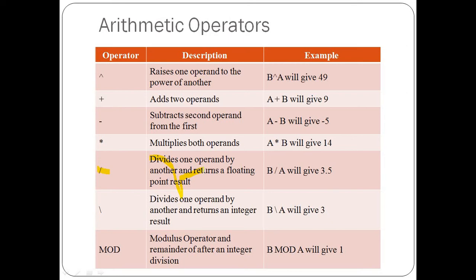A floating point result is the result which contains a decimal point and decimal digits. The next one we have is the backward slash, which again is used for displaying the quotient as your answer, but it displays results in complete numbers or integers, which will not display the decimal dot and decimal digits.